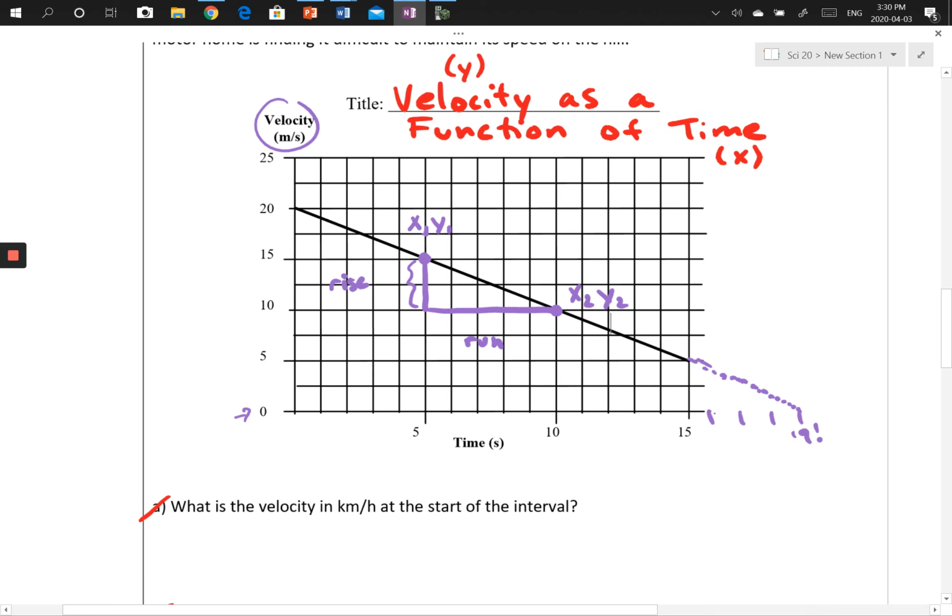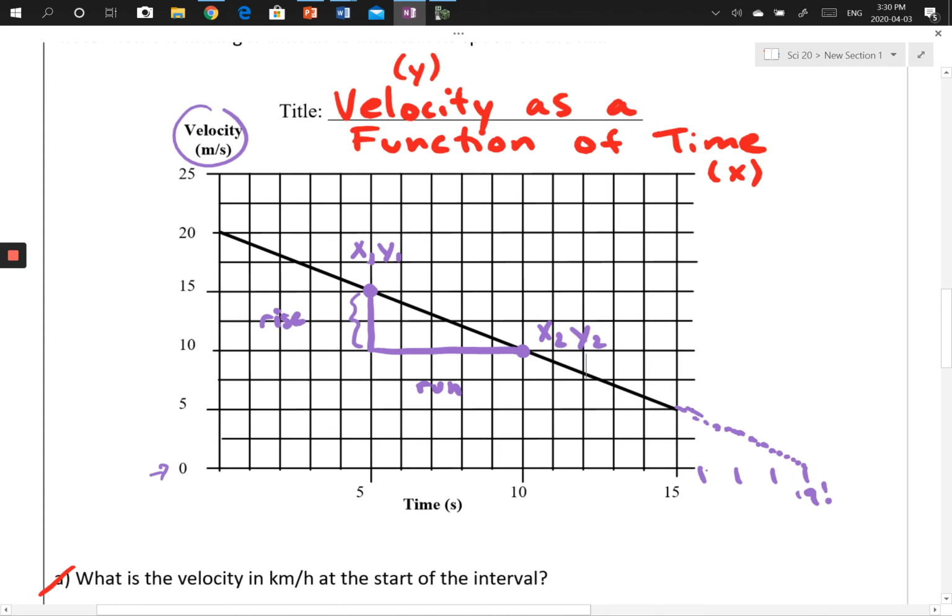I'll make it a little bit bigger here, and I'm going to change my colors so we can see. My x1 value is going to be 5, and my y1 value over here is 15. So if you guys see how I got that right here, right? So 5 and 15. And then my x2 value is going to be 10, and my y2 value is actually also going to be 10.